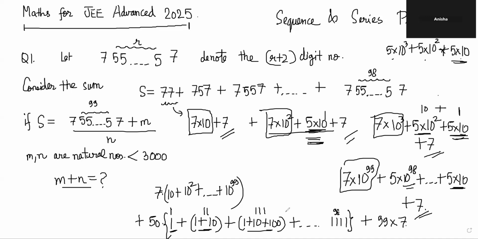Now we have to add, this is a simple GP. For adding that, it would be easy. Think about how you would add it.